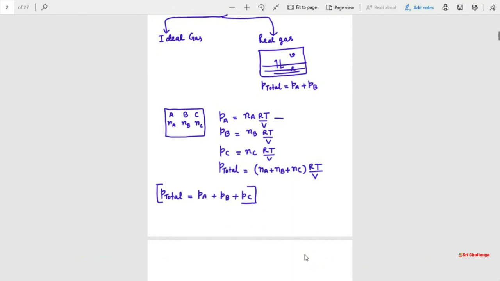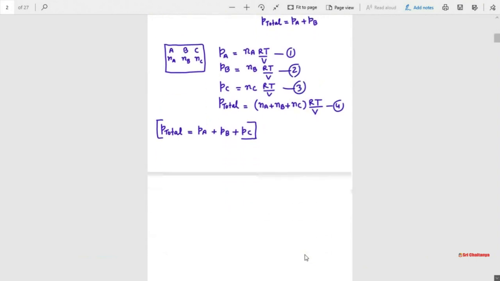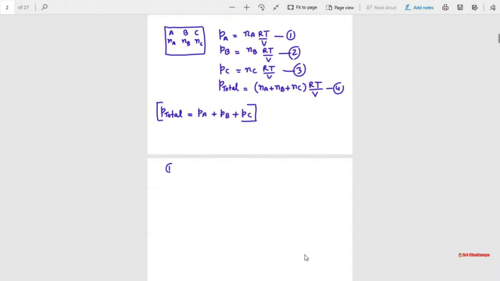Suppose this is equation number 1 and this is equation number 4. This is equation number 2 and 3. Now using equation 1 and 4, I can write equation 1 divided by equation 4. On the left hand side, we have partial pressure of gas A divided by P total, which is equal to number of moles of gas A upon total number of moles, that is Na plus Nb plus Nc, that is mole fraction of gas A. So from here, partial pressure of gas A is equal to mole fraction of gas A into P total.